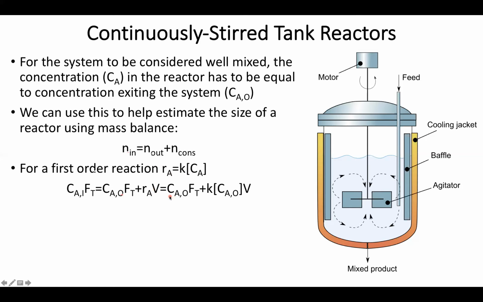And what we end up with is the moles of reactant coming in is going to be equal to our concentration of the reactant in my output times the rate constant times, again, the concentration of the reactant in my output, because that's the same thing as the concentration of the reactant in my system, times, again, the volume of the system.